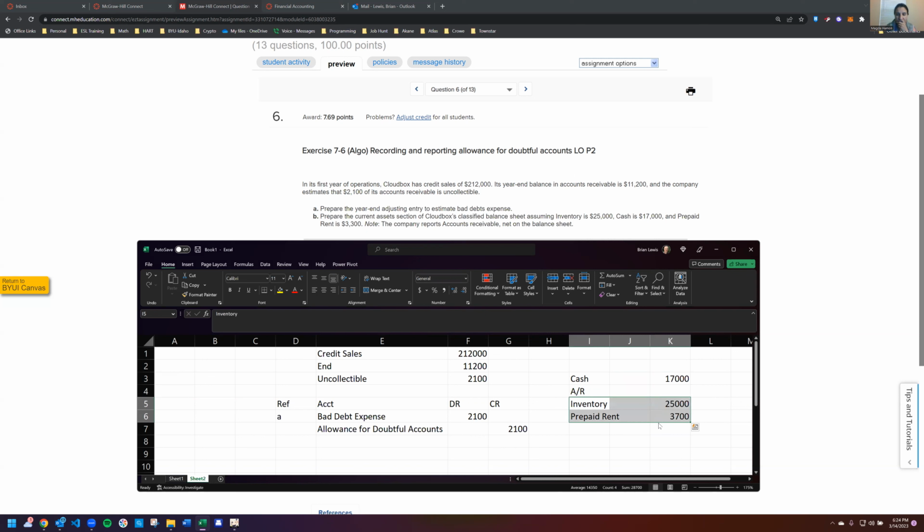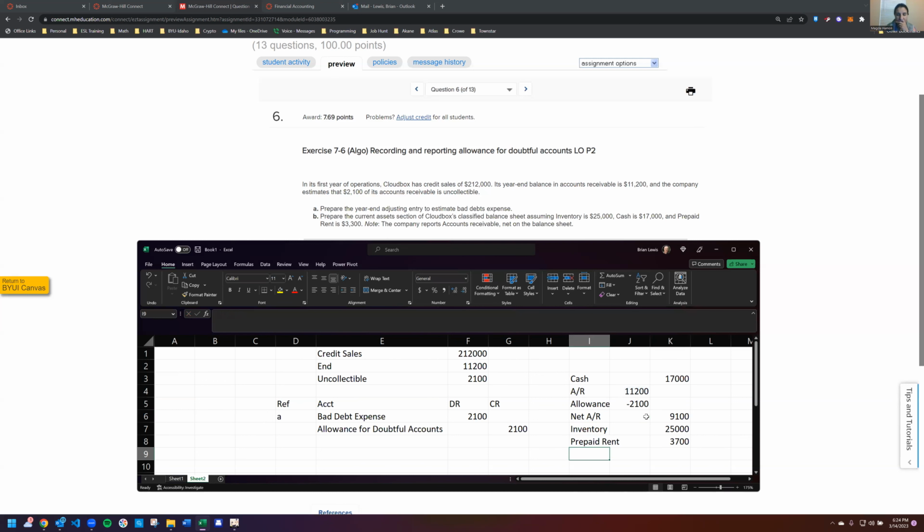Let's move this down, something like that. So AR is going to be 11,200, and your uncollectible, your allowance, is going to be a minus, what do we calculate, 2,100, for a net AR equal to that plus that.